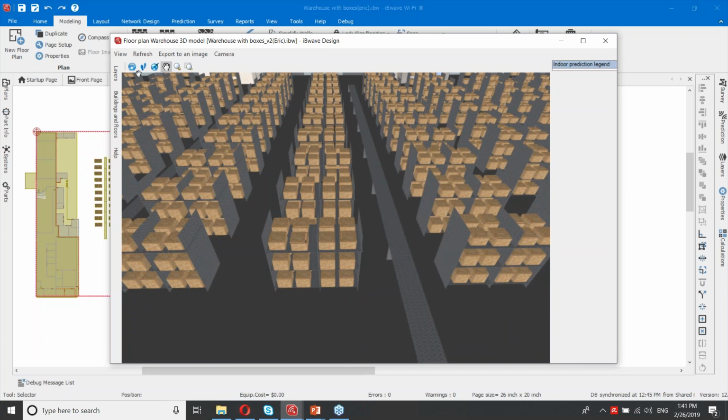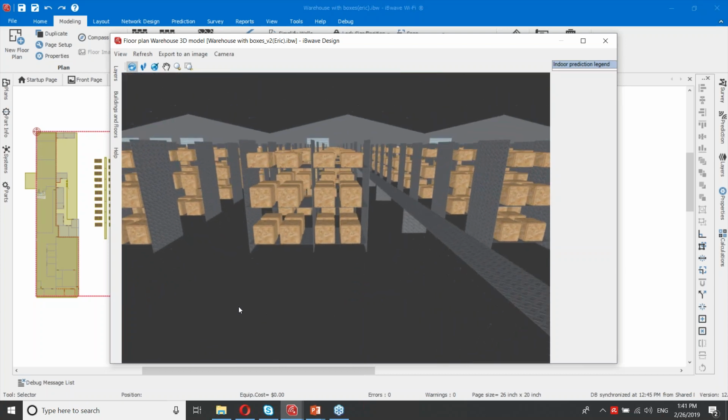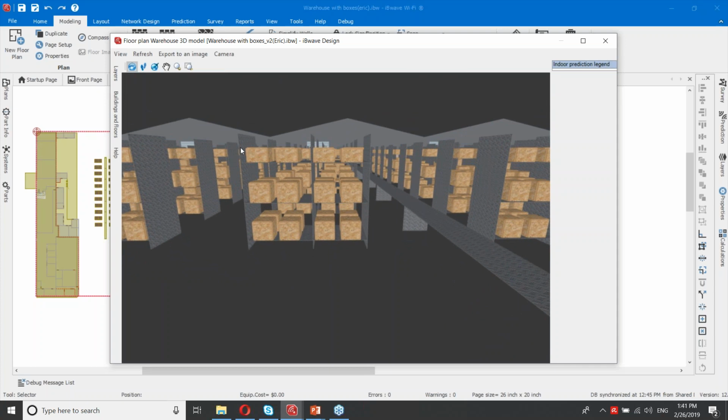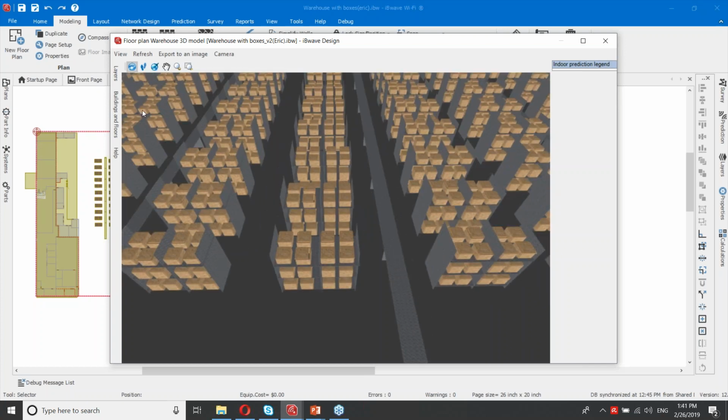Shelves are about 3.5 meters tall, and boxes are about 3.2 meters. So you see there are some holes in between boxes. They're not fully stacked one on top of another. So I basically showed you how it looks with about 60% full. It could be 100% full, but I decided to show you this example where they're partially full.